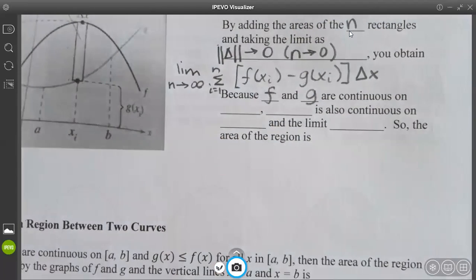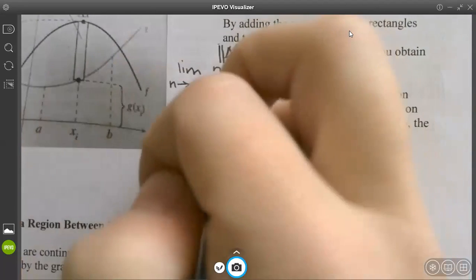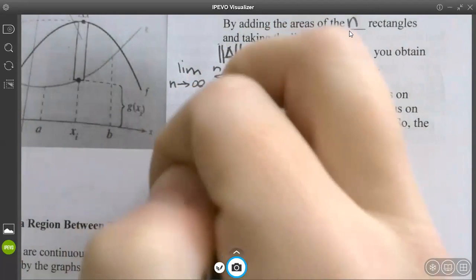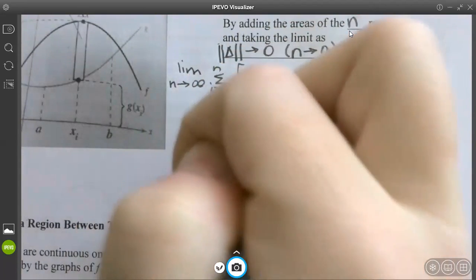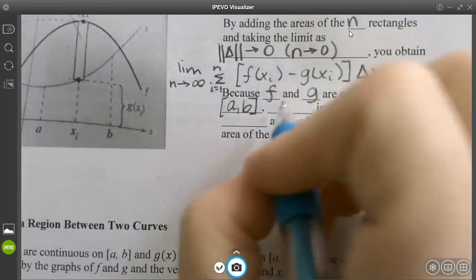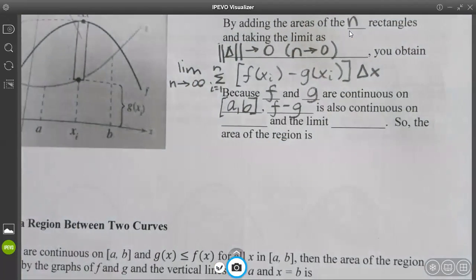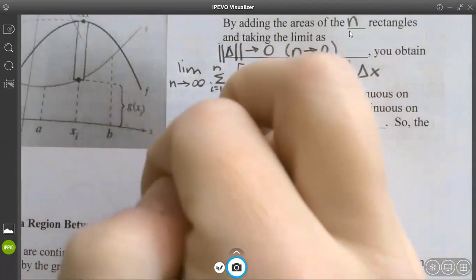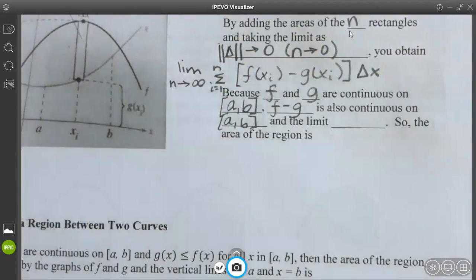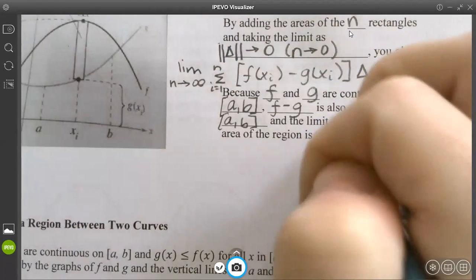Because f and g are continuous on that interval a to b, f minus g is also continuous on a to b. And the limit exists.